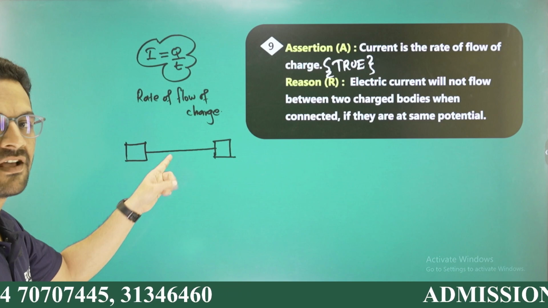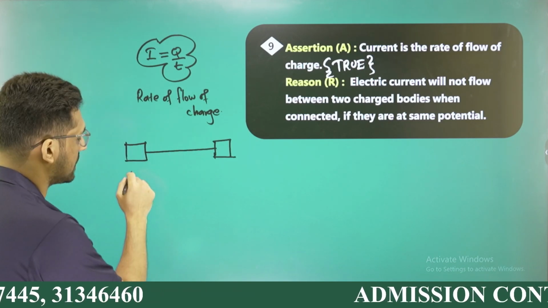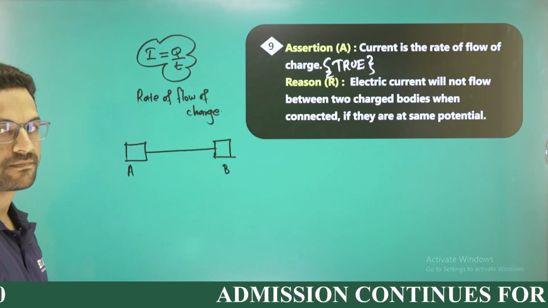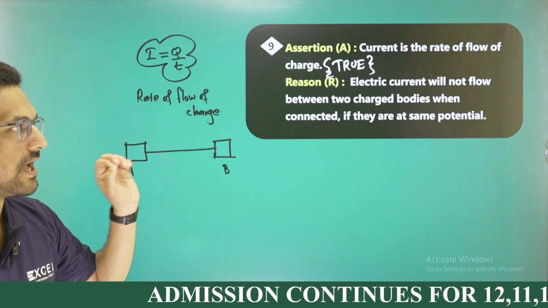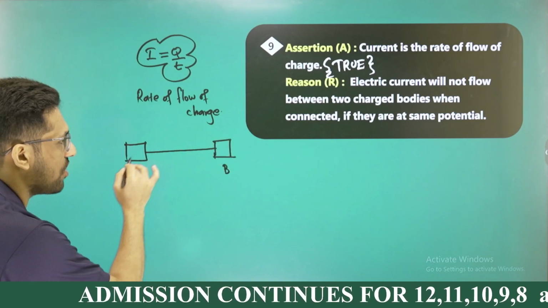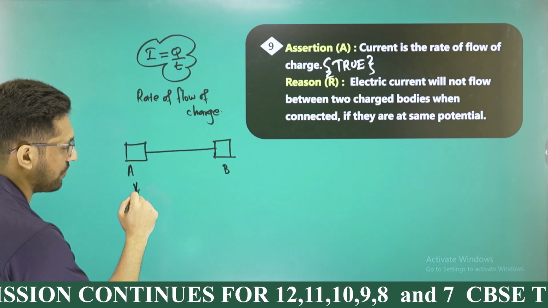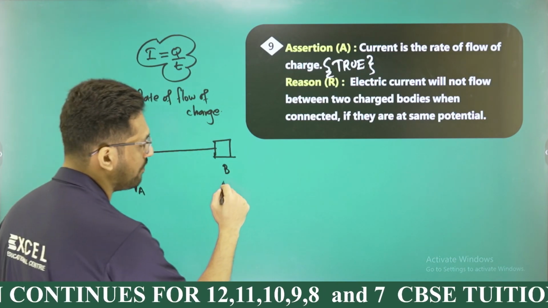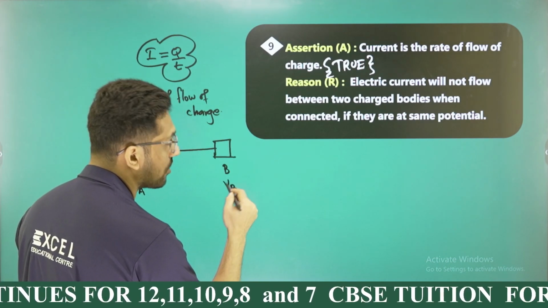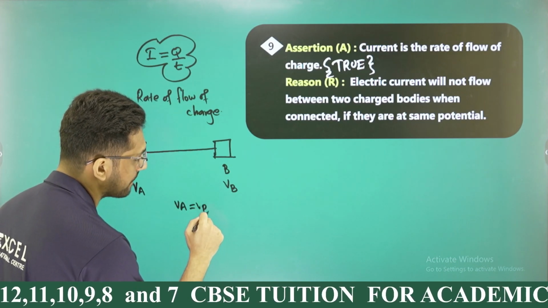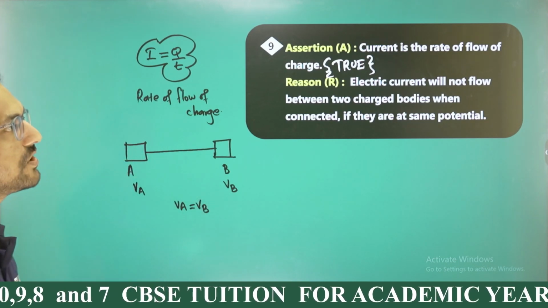The first body is A, second body is B. According to that reason, potential of A and potential of B are same. I am writing potential of A as VA, potential of B is VB. VA is equal to VB.